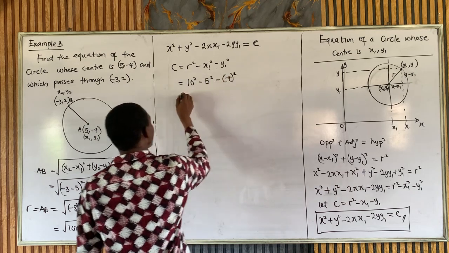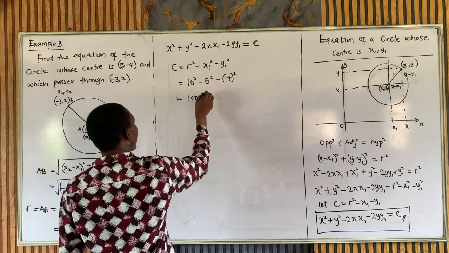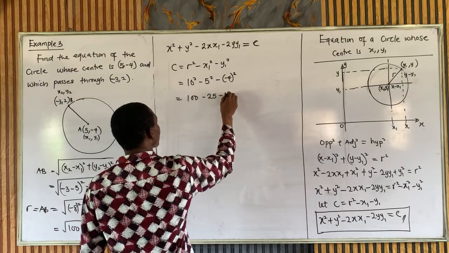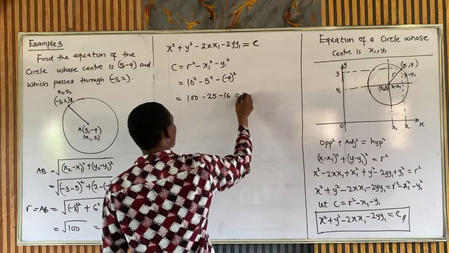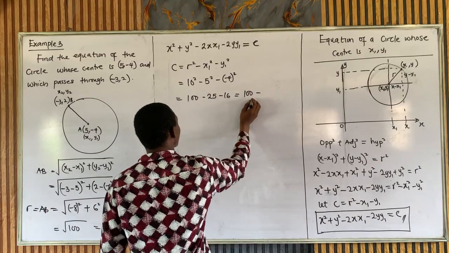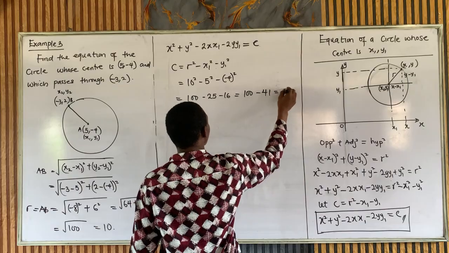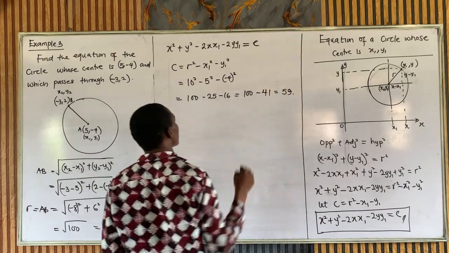Our r is given as 10, so 10 squared minus our x1 here, 5 squared, minus our y1, minus 4 squared. And this is giving us 100 minus 25 minus 16. And that will give us 100 minus 41, which is 59. That's our c.